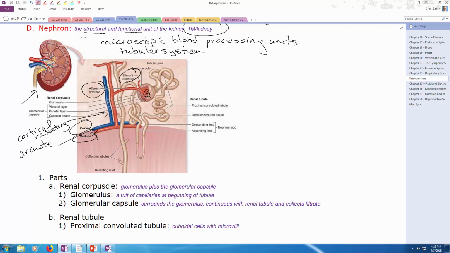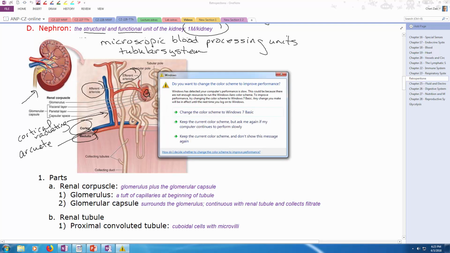And I want you to notice the diameter of the afferent compared to the diameter of the efferent arteriole. And they are indeed different in size for a very specific reason. The afferent is much larger in diameter than the efferent, which means, therefore, the pressure inside the glomerulus is what? Higher or lower than most of our capillary beds? Higher.